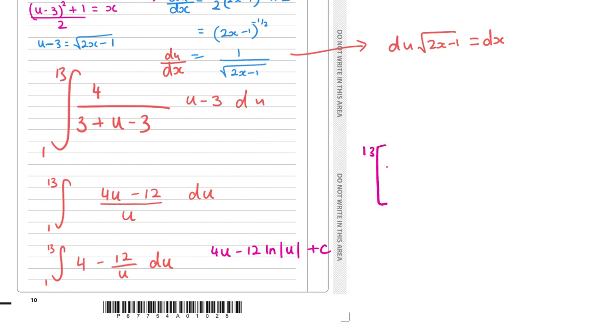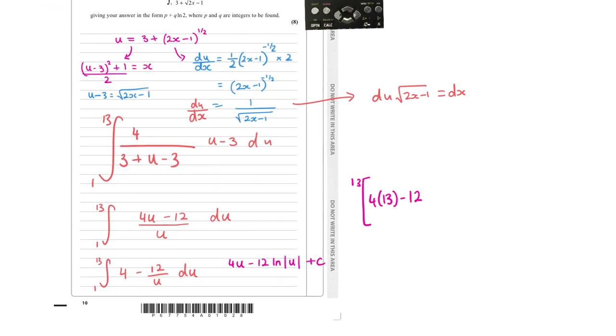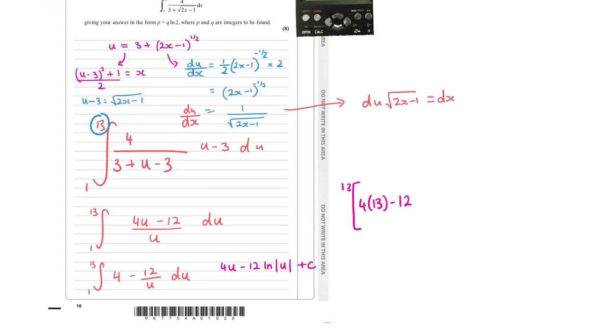So we're going to have 4 lots of 13 minus 12 lots of... Okay, what am I now doing wrong? Think about what I've just done wrong. I haven't changed. Remember, these are for x. This is why we did this earlier. So now we need to find u.